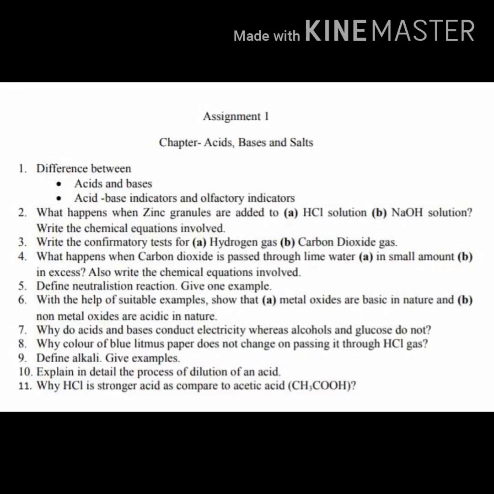Now, if we look at the reaction, calcium hydroxide, Ca(OH)2, when treated with carbon dioxide, CO2, which is a non-metal oxide, forms CaCO3 salt, calcium carbonate, plus water. This is also a neutralization reaction, which shows that non-metal oxides are acidic in nature.